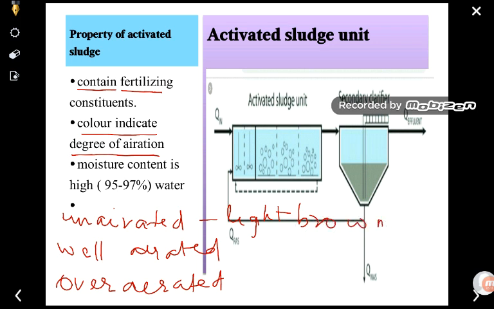And sometimes when they are well aerated, they look golden brown in color. And sometimes when they are over aerated, it looks almost muddy brown in color.